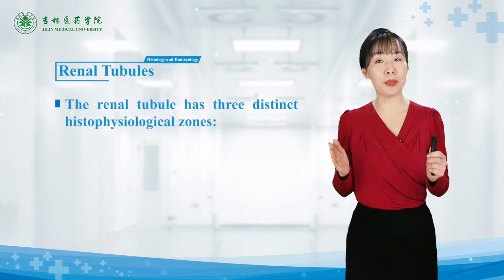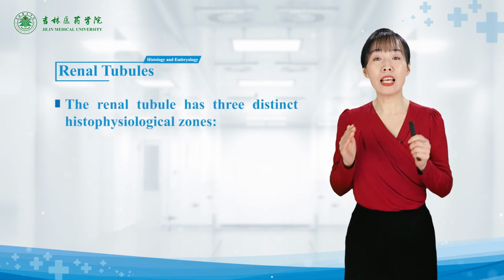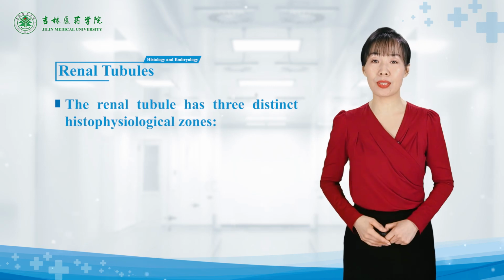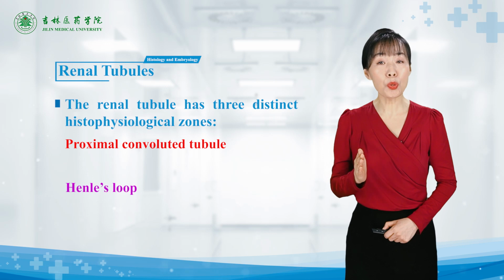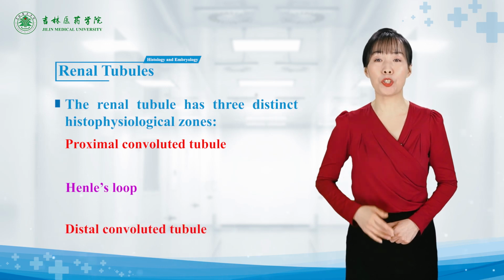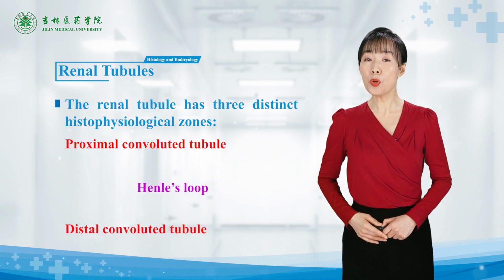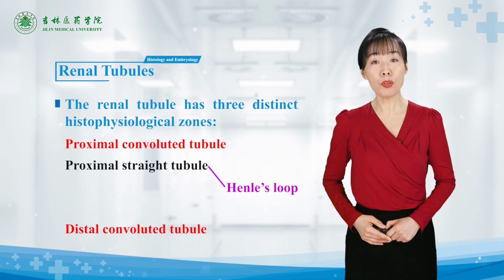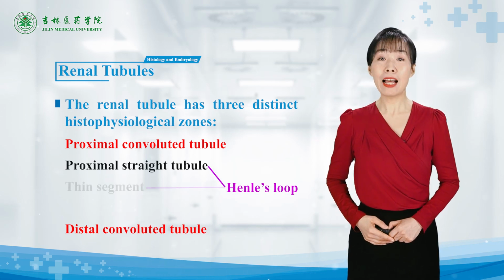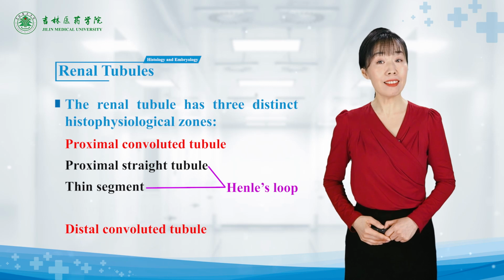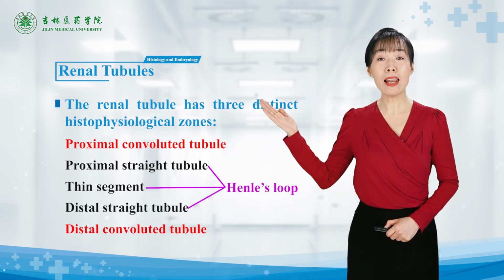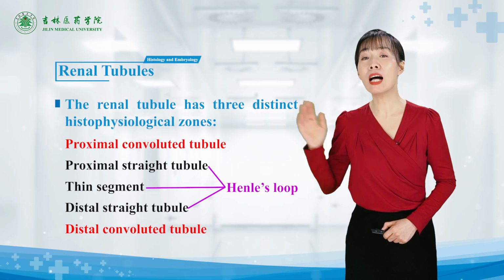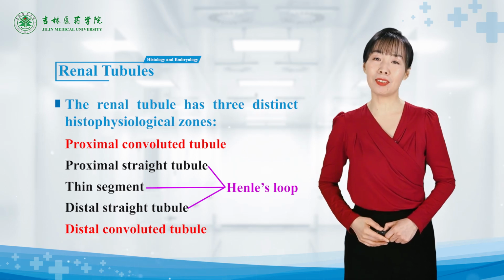The renal tubule has 3 distinct histophysiological zones: proximal convoluted tubule, Henle's loop, and distal convoluted tubule. Henle's loop includes proximal straight tubule, thin segment, and distal straight tubule. We mainly focus on the proximal and distal convoluted tubule.